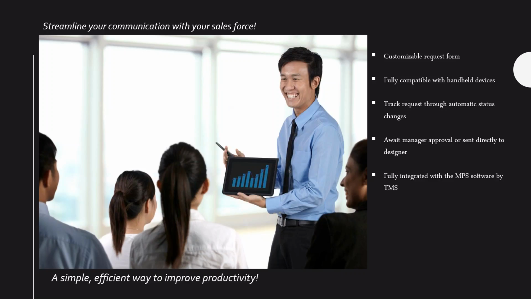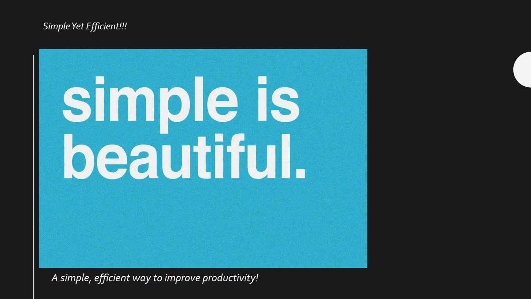It's fully integrated with the MPS software by TMS, which we just discussed for a moment there. We can talk about how that's integrated later on, but be aware that this works with that software. And it fulfills sign requests quickly with automatic keyword additions. We'll talk a little bit about that as well as we move forward, and what that means.